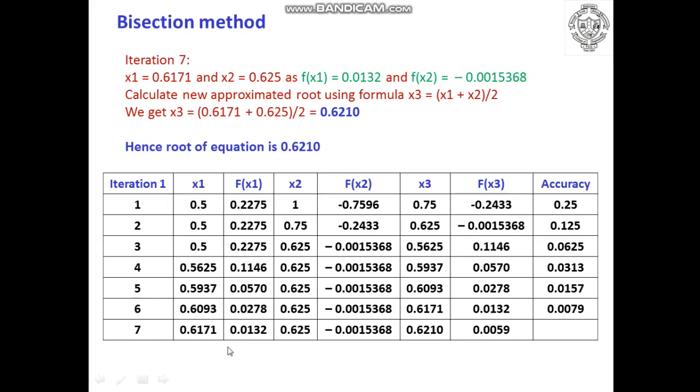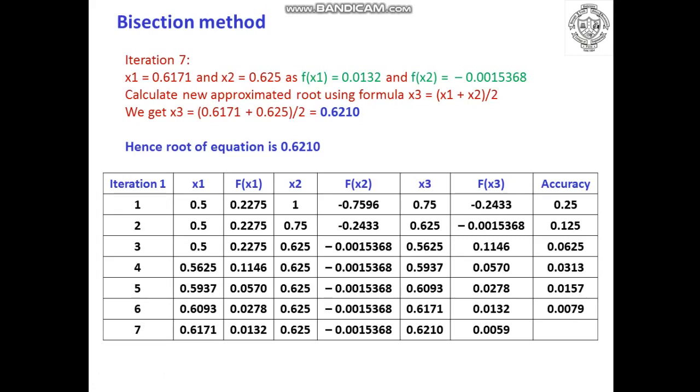So at the end of the seventh iteration you will find that the value of x3, which is the approximated root, is equal to 0.6210, and the respective function is 0.059. So the accuracy which we get at the sixth iteration, which is 0.079, is less than 0.01.